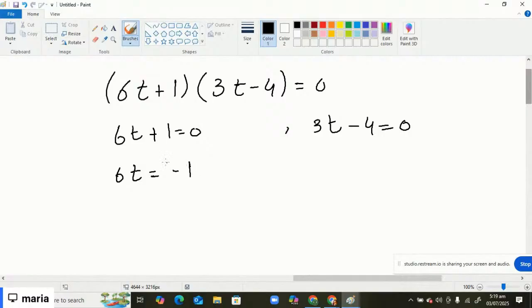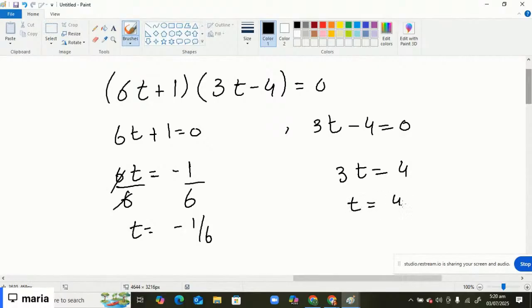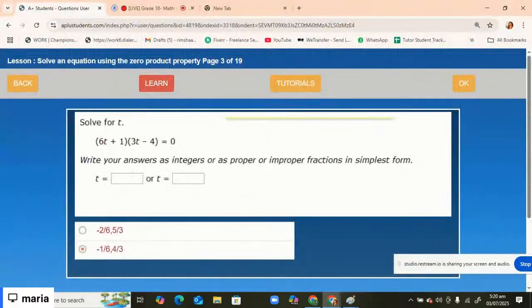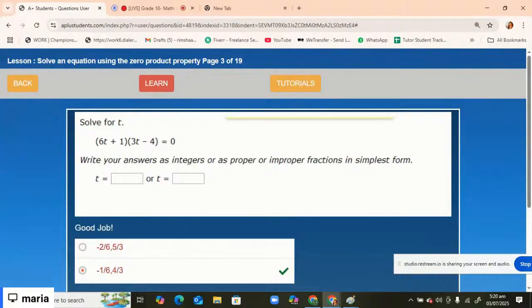First of all, we are going to solve this one separately, moving 1 it becomes negative, dividing both sides by 6. 6 should be cancelled, so t is equals to minus 1 by 6. Then 3t is equals to 4 and t is equals to 4 by 3. How? We are just going to divide both sides by 3. This side should be cancelled, and here the answer is 4 by 3. Minus 1 by 6 and 4 by 3. Let's see. Yes, this is the right answer.